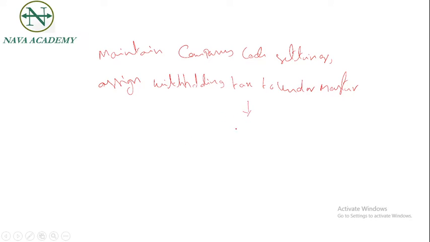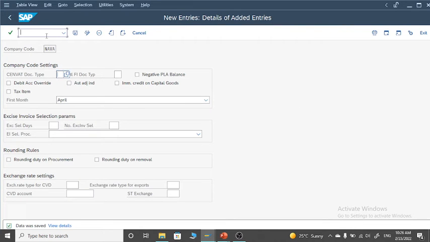Here the T code is XK02, and FK02 is for bank, and XK02.